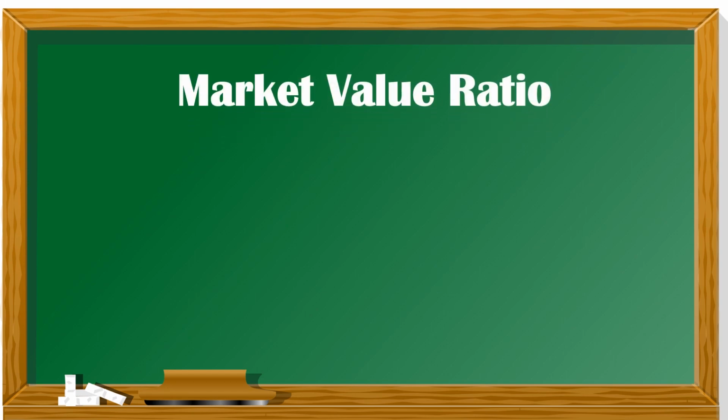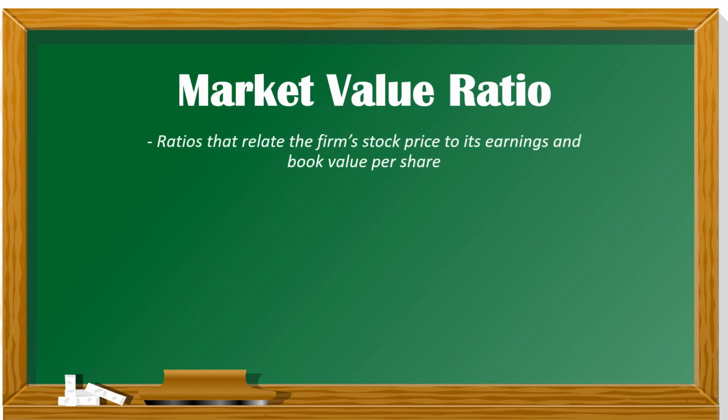Okay, so we have here the last category for our ratio analysis, that is the market value ratio. Now, the market value ratio relates the firm's stock price to its earnings and book value per share. These ratios are employed by current and potential investors to determine whether a company's shares are overpriced or underpriced.